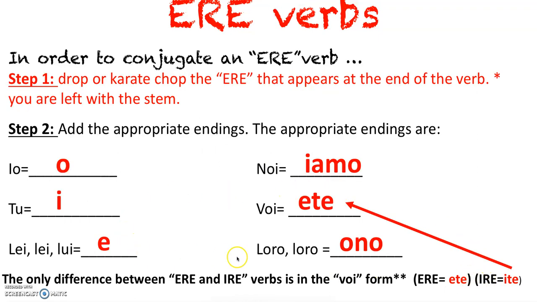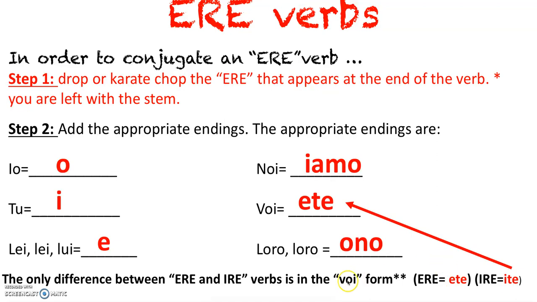So these are ERE. IRE is exactly the same with the exception of voi, which here is ete, and there it's ite. So we already know how to conjugate ARE verbs. We just learned how to conjugate ERE verbs, and within that comes IRE.